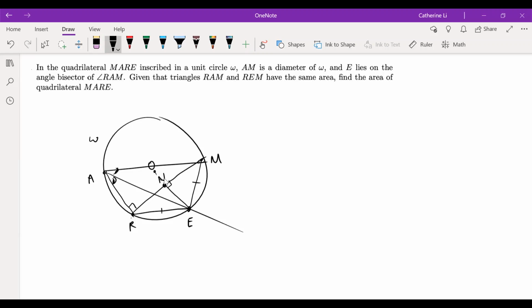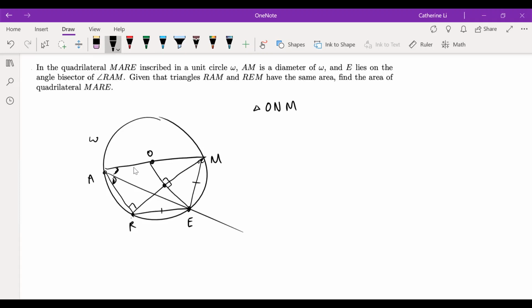Okay. We also know that triangle ONM, I don't know why I put O there. Sorry about that. O is on AM because it's the diameter. There, that makes more sense.